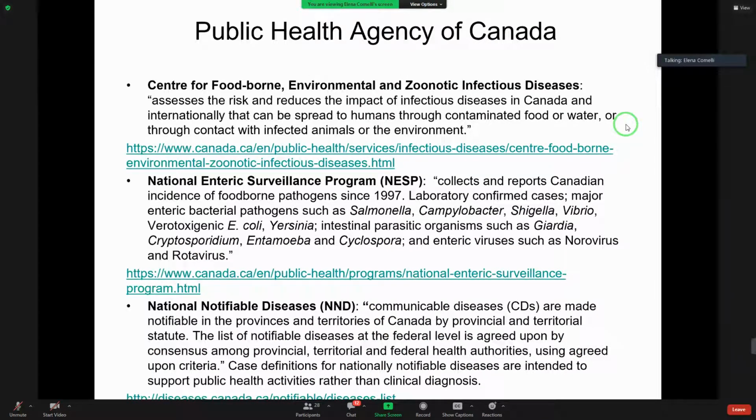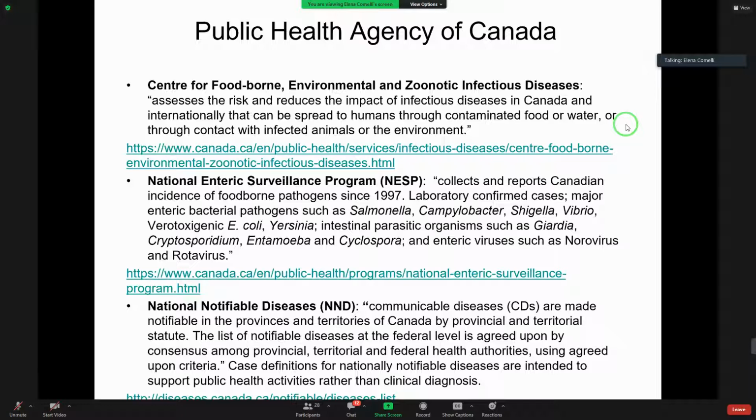Again, I mentioned that there are several agencies that work in concert, and they're complementary in Canada to keep these diseases documented, and also run analysis to look at trends and longitudinal analysis throughout the years in order to learn how these diseases can be kept under control, what the major sources are, how intervention can be done, and what could be done to prevent them from happening.